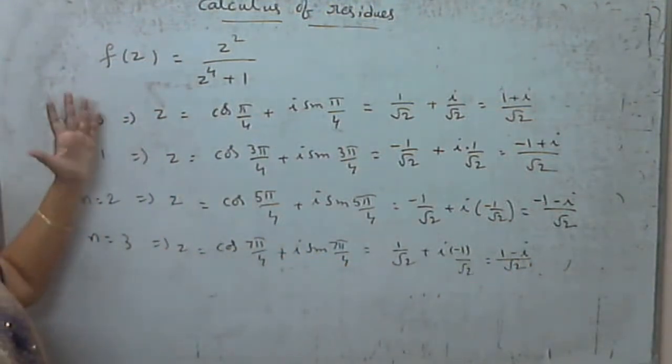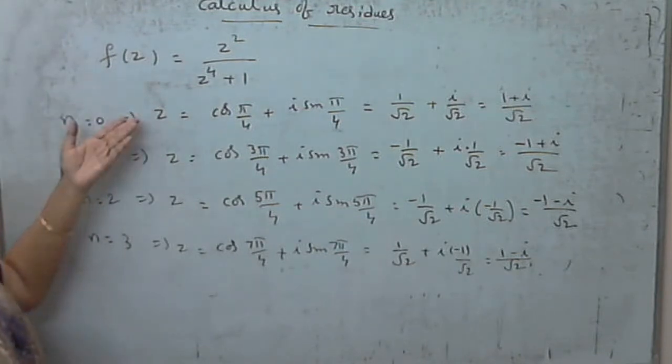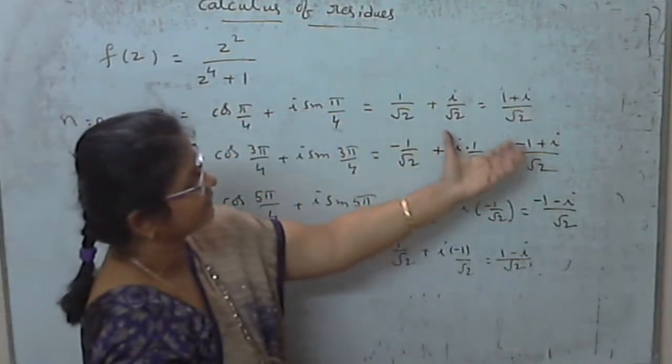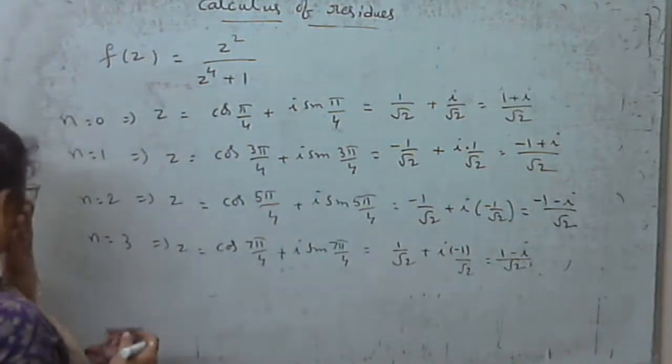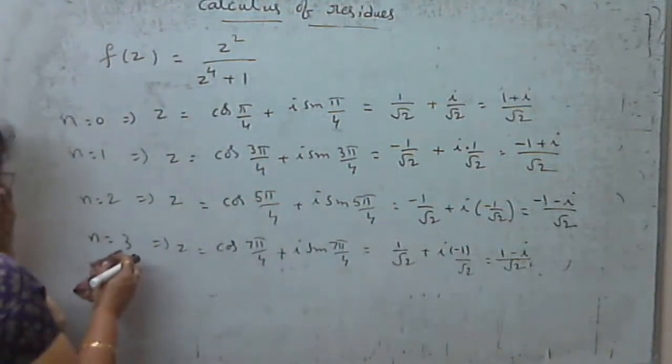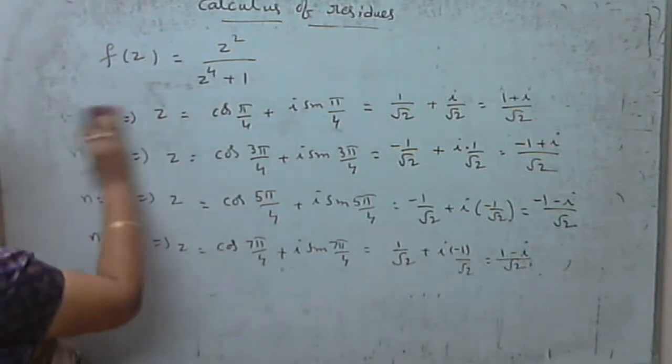If you go by the direct method, limit z tends to a, it is difficult to cancel out these values. So we'll go with the phi of z by psi of z method.